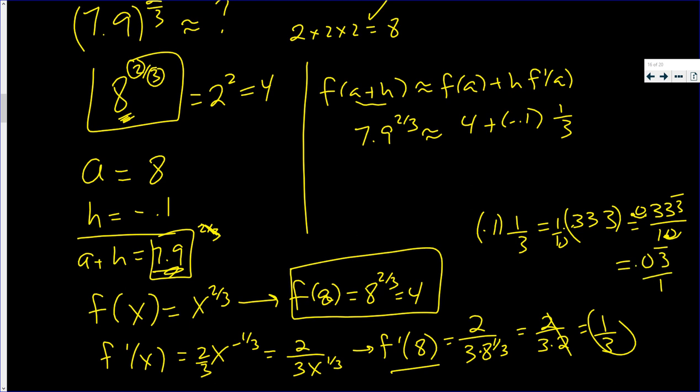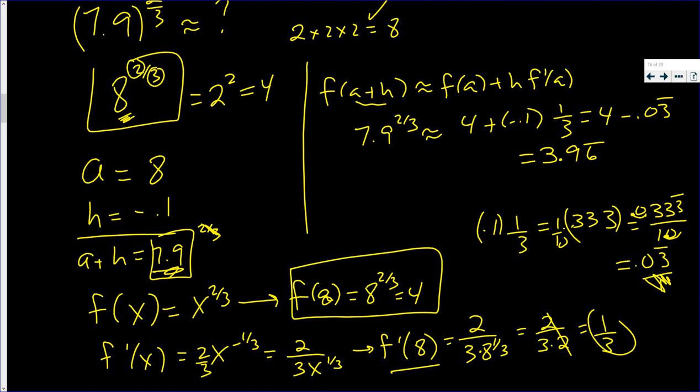The rule for dividing by 1 is don't bother. So what we have is 4 minus 0.03 forever. And this gives me 3.96 forever.